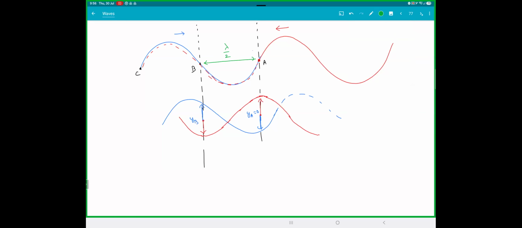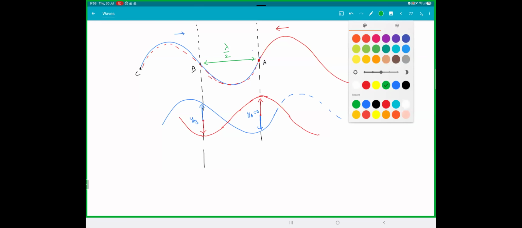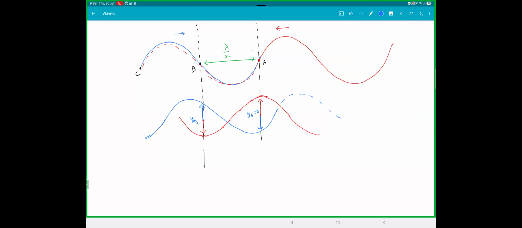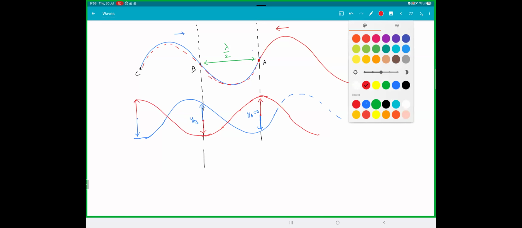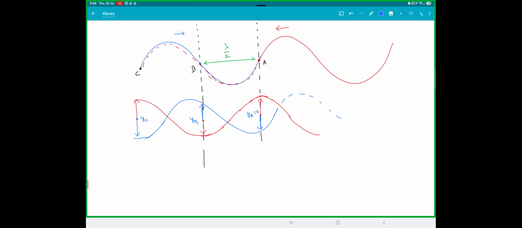They're always canceling out at points A, B, and C. If you have drawn for C also, it would have looked something like this. Look at C. The blue is pushing down. The red is pushing up. C's displacement is also 0. And if you look at this distance, again, this is also lambda by 2.